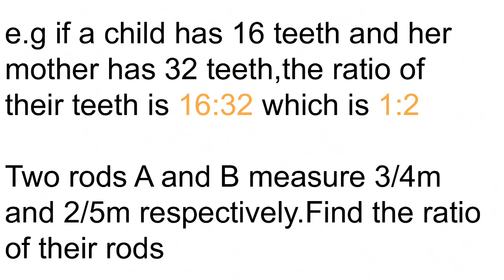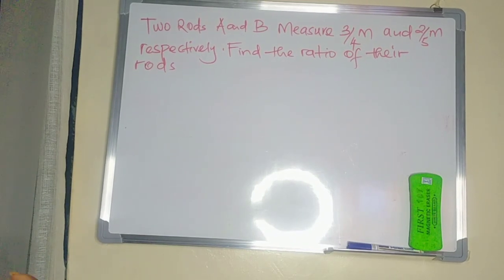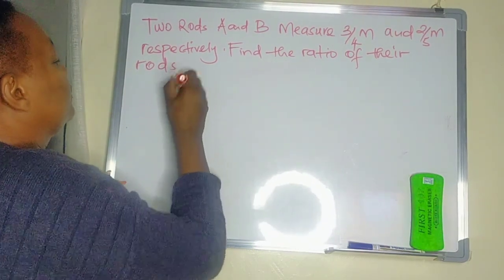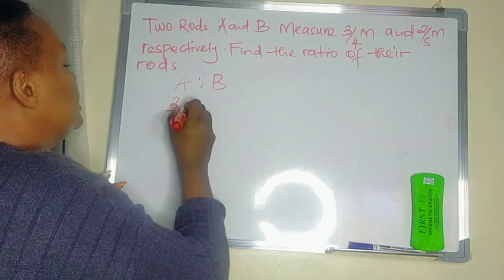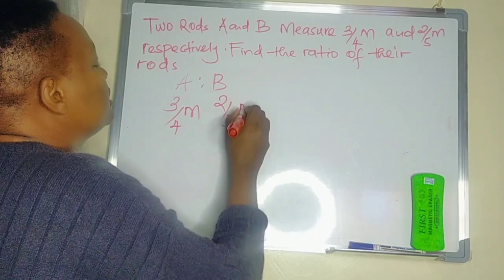Now another example. Two rods A and B measure 3/4 meters and 2/5 meters respectively. Find the ratio of their rods. So in this question, we have a rod A at 3/4 meters and B at 2/5 meters.